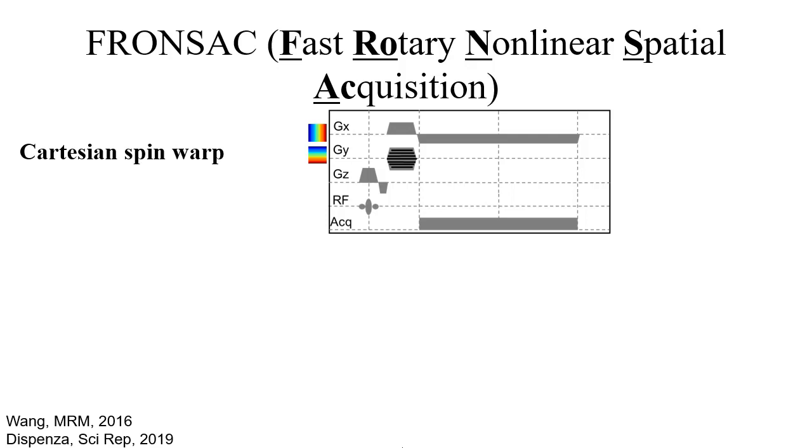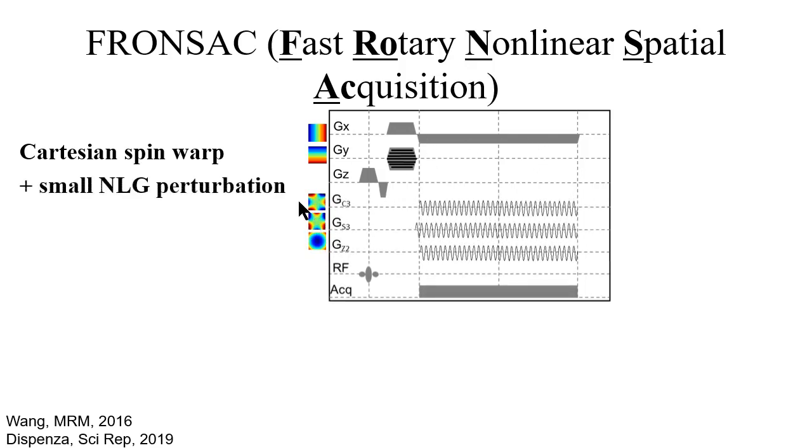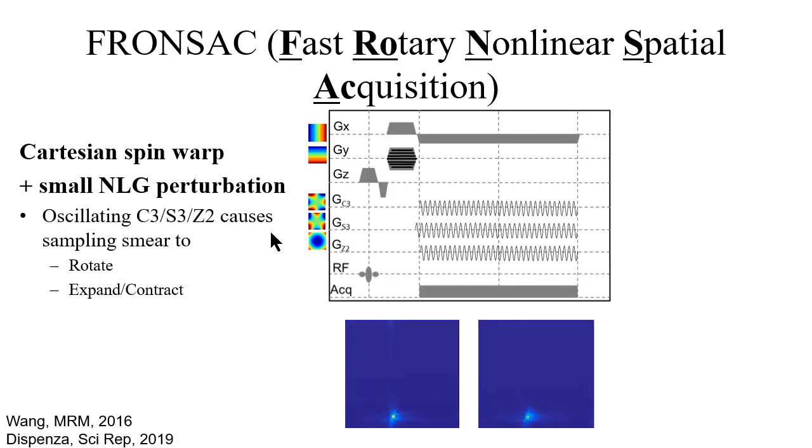So you can actually add this kind of encoding to any sort of sequence, but let's say here we start with Cartesian spin warp, some trajectory through k-space, and what we do is we add a small nonlinear gradient perturbation, these little waveforms here. In this case, these two gradients cause the sampling function to rotate, and then this third one causes it to expand and contract.